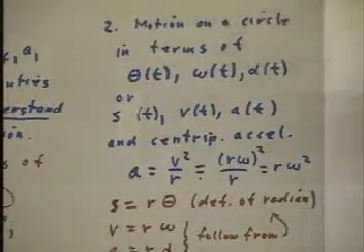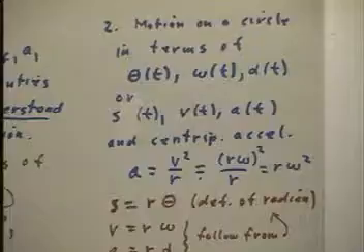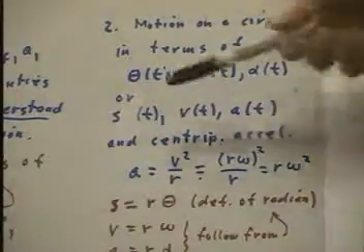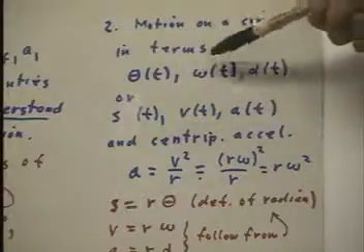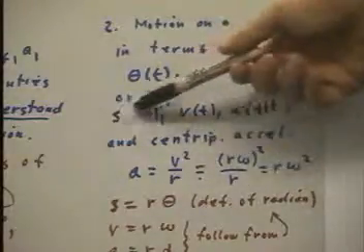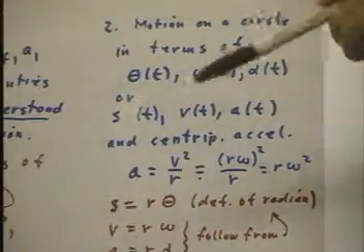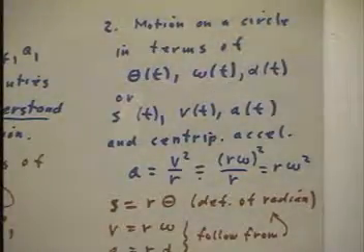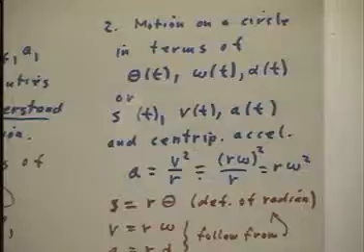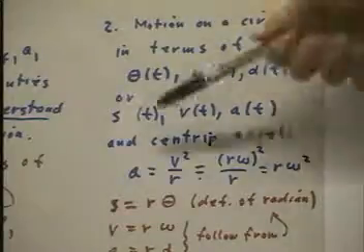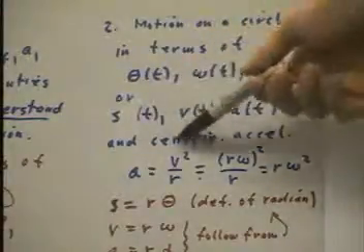And alpha of t, which is the angular acceleration at clock time t. And then we could also understand it in terms of s of t, where s of t is understood to be, I'm sorry, not the speed, the position of the object on the rim of the circle.